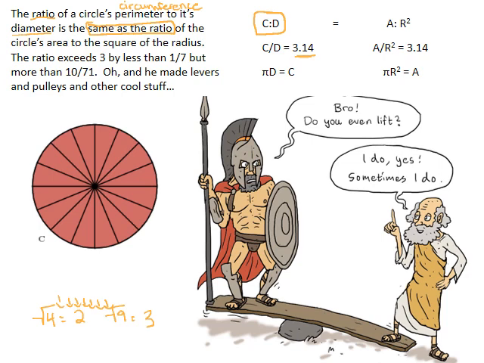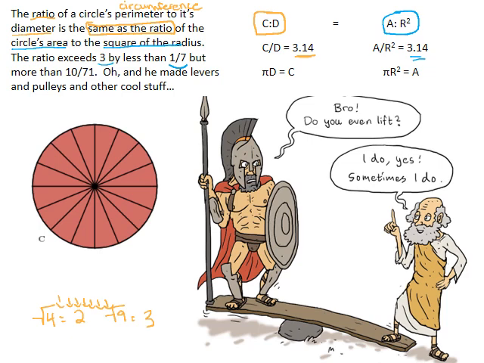And then when he compared the circle's area to the square of the radius, he also got that same number. Now he was using fractions, so he knew that it was more than 3 and 1/7, but less than 3 and 10/71.